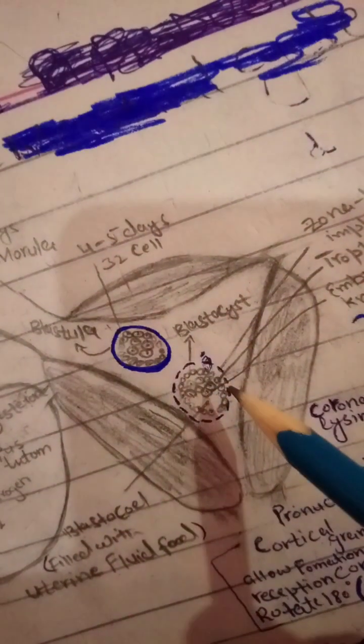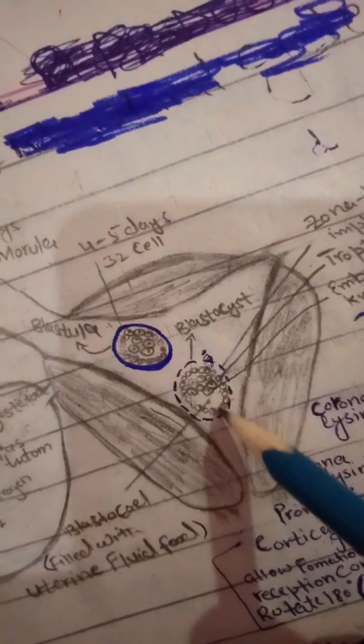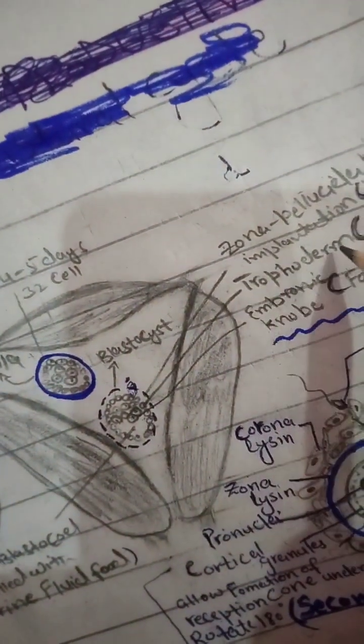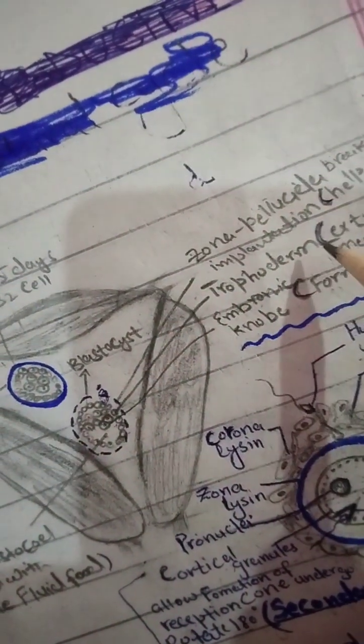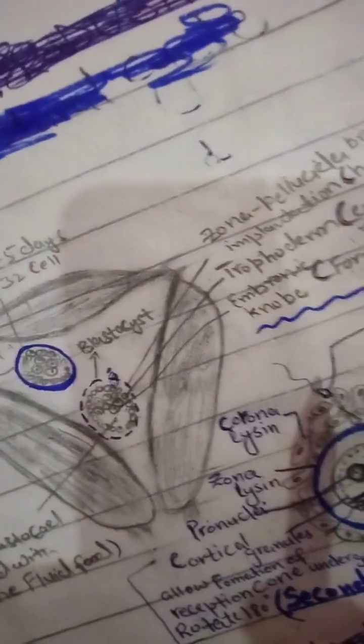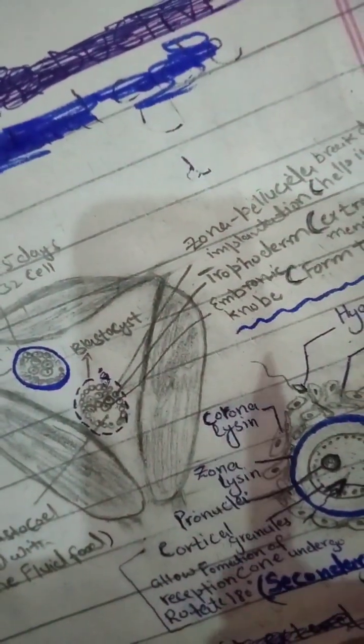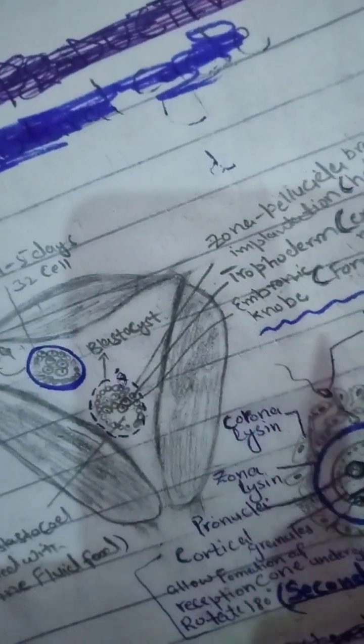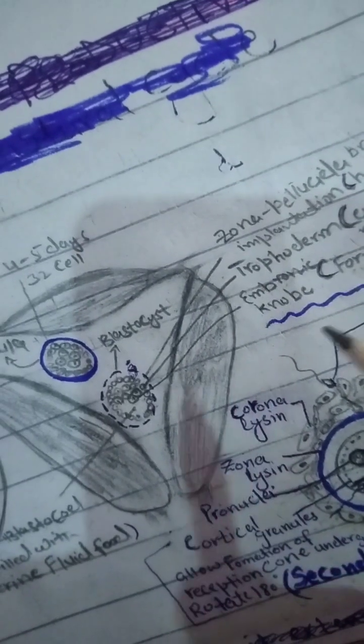The smaller peripheral cells are called trophoblast, which makes the placenta of the mother.